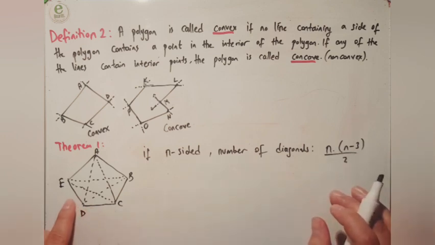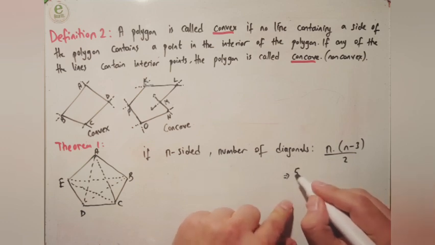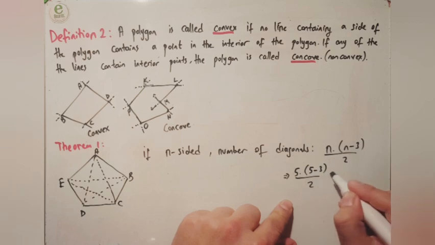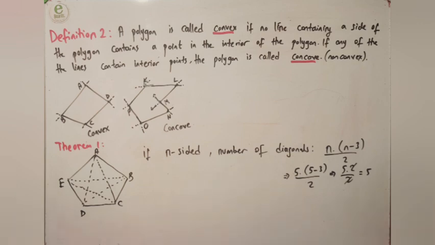Here the polygon is 5-sided, so the number of diagonals will be 5 times (5 minus 3) over 2, which is 5 times 2 over 2. The 2s cancel each other out, and we have just 5. So the number of diagonals here is 5.